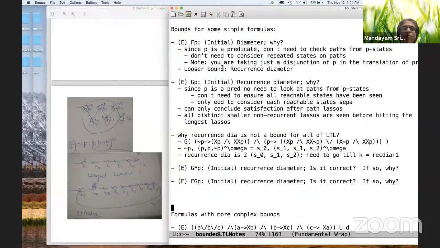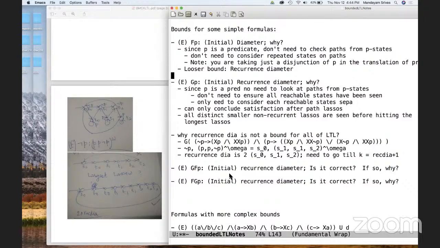In real life, you don't need very deeply embedded F and G, but maybe you could. But certainly, a lot of properties can be expressed as GF of P, which is something happening infinitely often, or F of G of P. So what do you think is the bound? I'm already giving you: even though you have a nested temporal operator here, it's still the recurrence diameter.